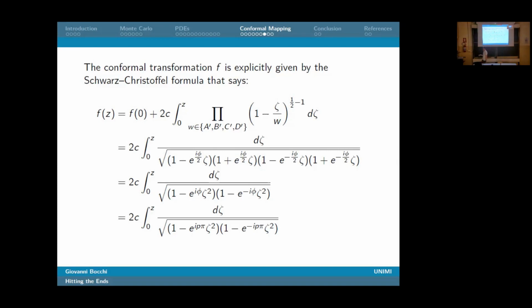So those exponents are the same for all the 4 terms of this product.